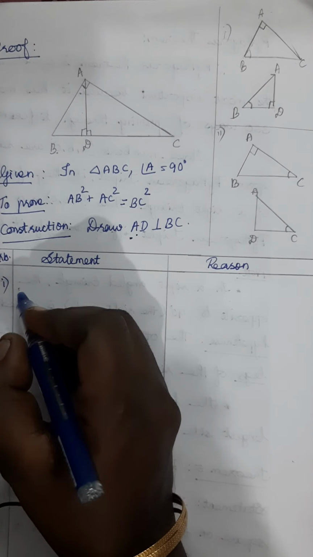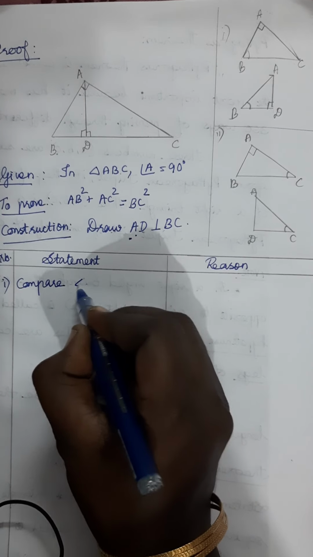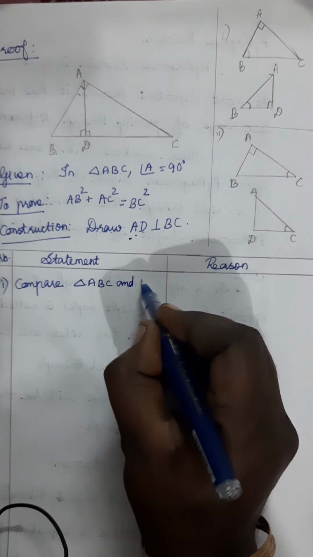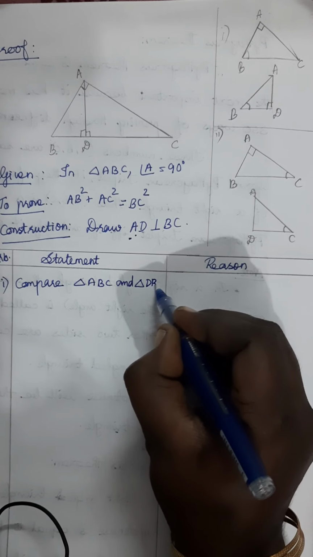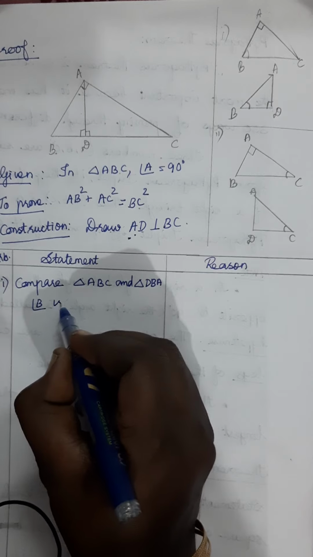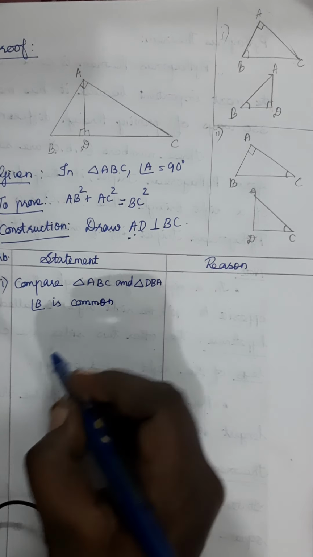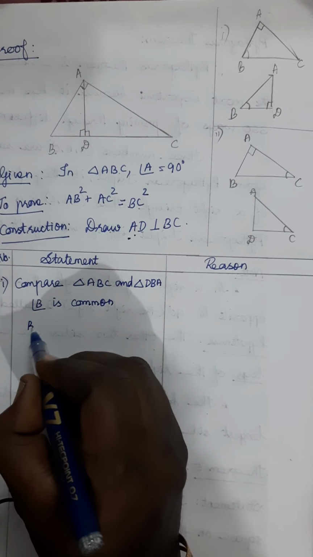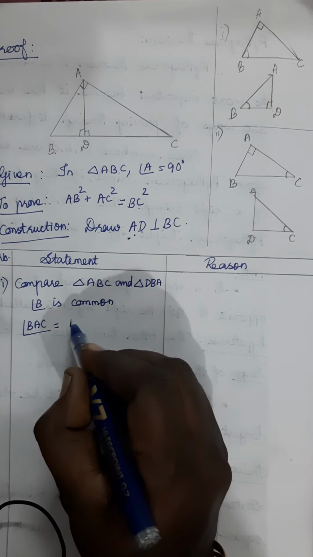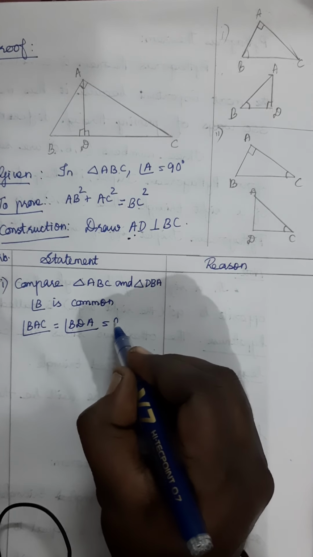Now you see, you have to write: compare triangle ABC and triangle DBA. Okay, we can write angle B is common. Then angle BAC from the first triangle and angle BDA from the second triangle, it is equal to 90 degree.